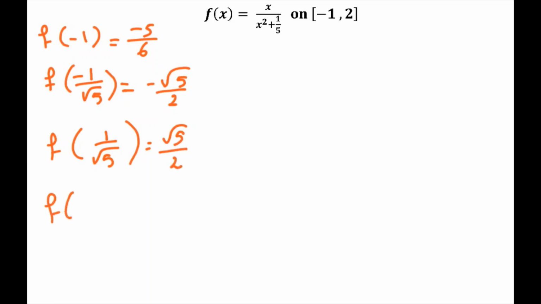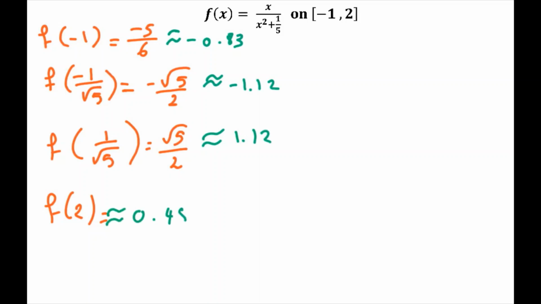And finally f of 2, and it's going to be, now if I give you a decimal for these, just rounding to make it easy for you to get the idea, that's going to be negative 1.12, 1.12, and this is going to be about 0.48.